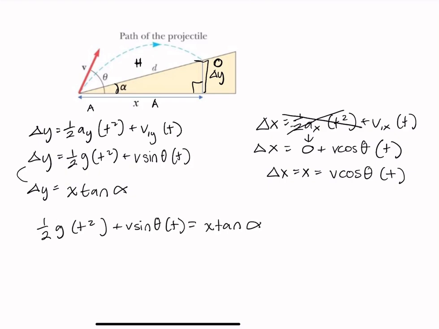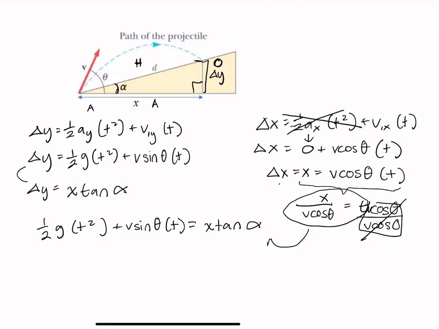Now, you can see that there's still t's in this equation, and we don't really want that. So we can use this to isolate for t. So we isolate by dividing v cosine over, because this right here will just cancel out. So we can substitute for t into this equation.